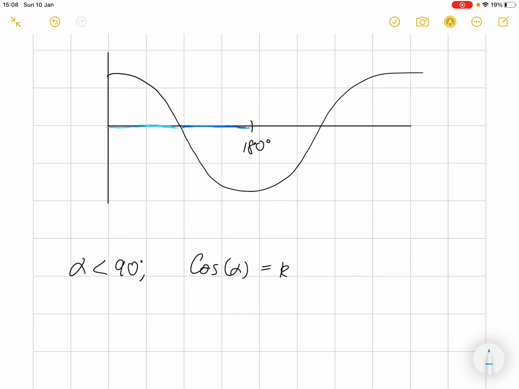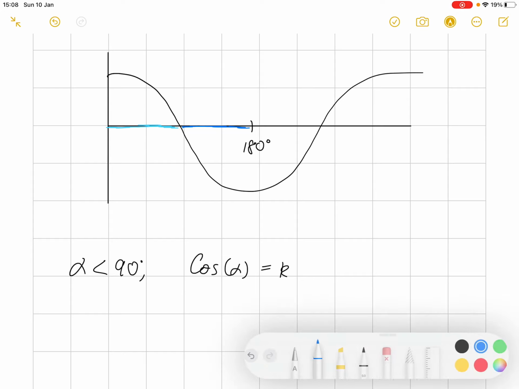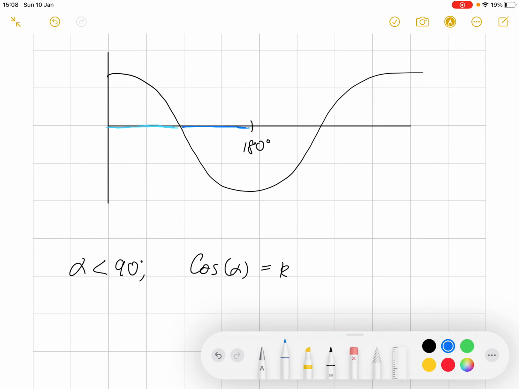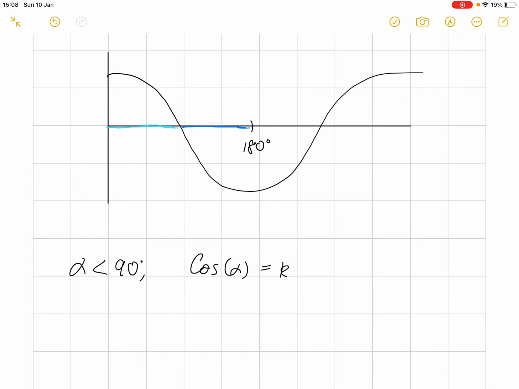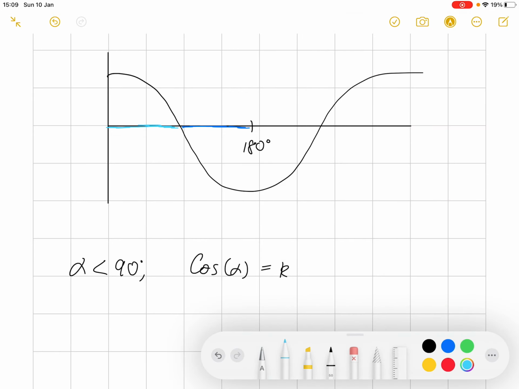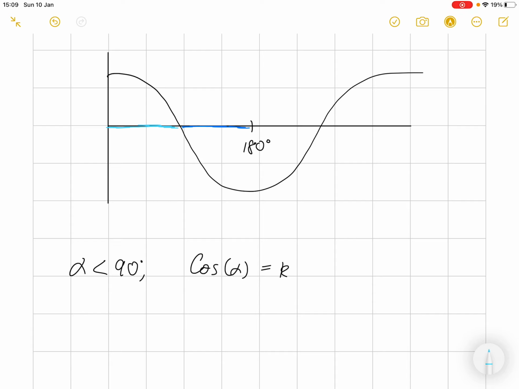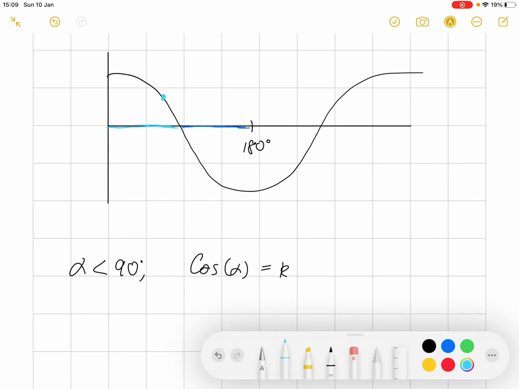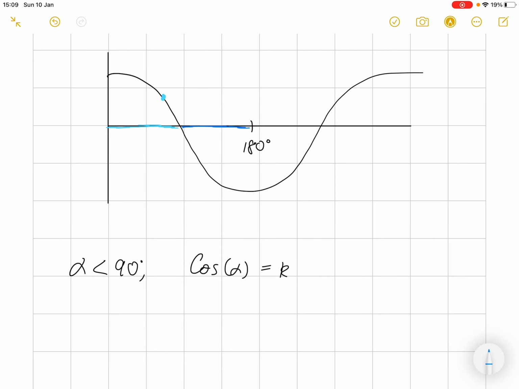At every point in the light blue region, so if I pick an arbitrary point here, there is, if you like, a corresponding point in the dark blue region here.